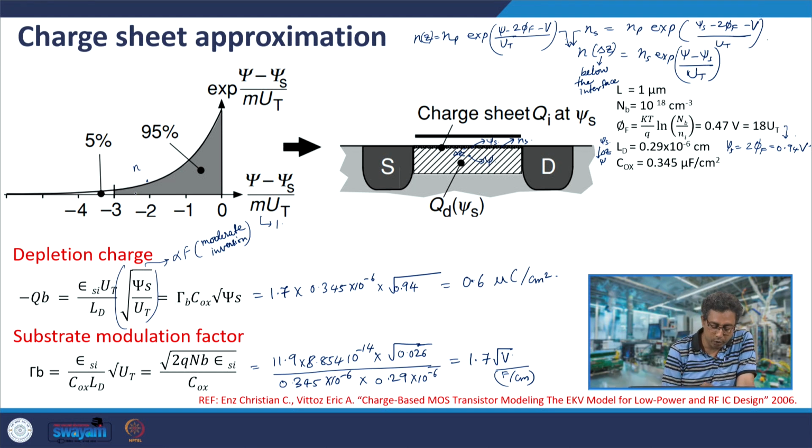So, you have moved down 52 millivolts. So, what is the value of n there? Now this n is e to the power minus 2 times whatever it is at the interface.